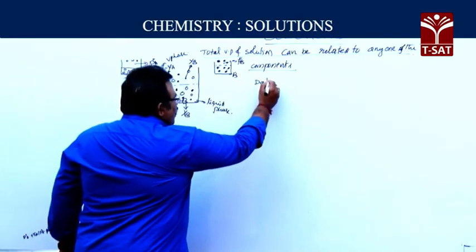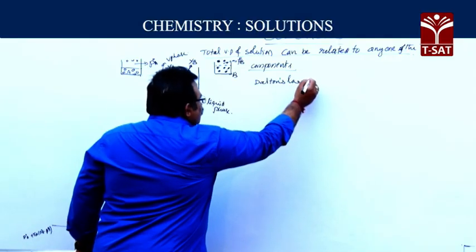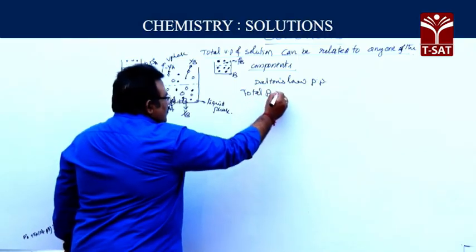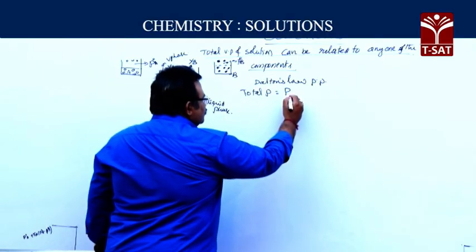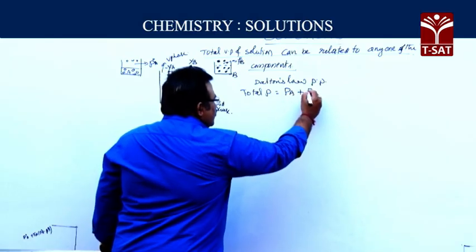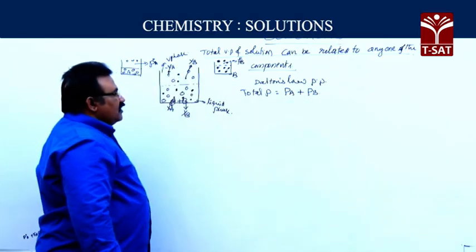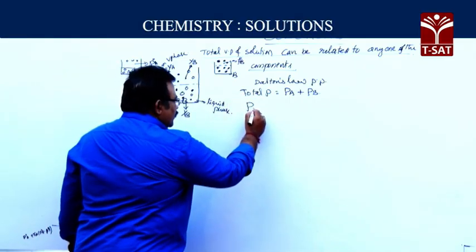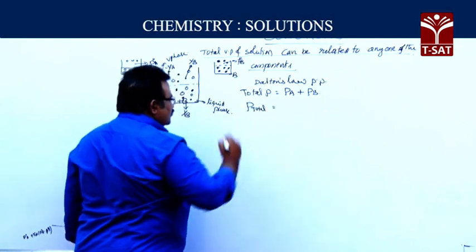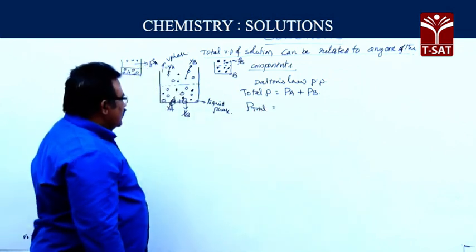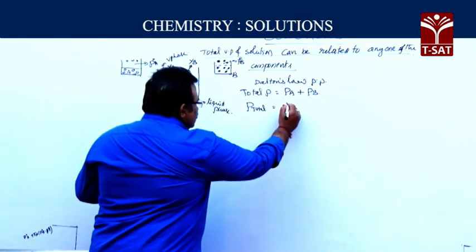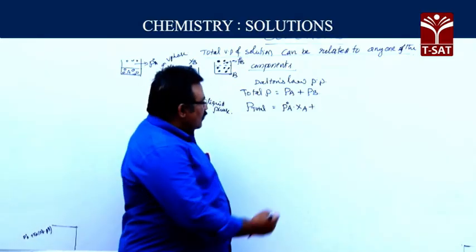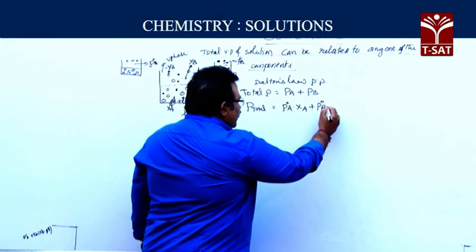According to Dalton's law of partial pressures, total pressure is the sum of the partial pressure of A liquid and partial pressure of B liquid vapors. Now, P total of the solution is equal to P0A into XA plus P0B into XB.